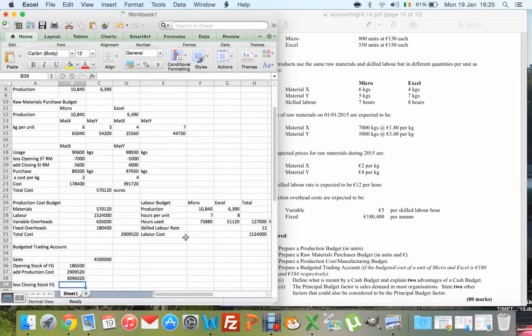So my closing stock is going to be 640 micros multiplied by, it says down here, 160 each, plus 440 Excels, and the Excels are 184 each.